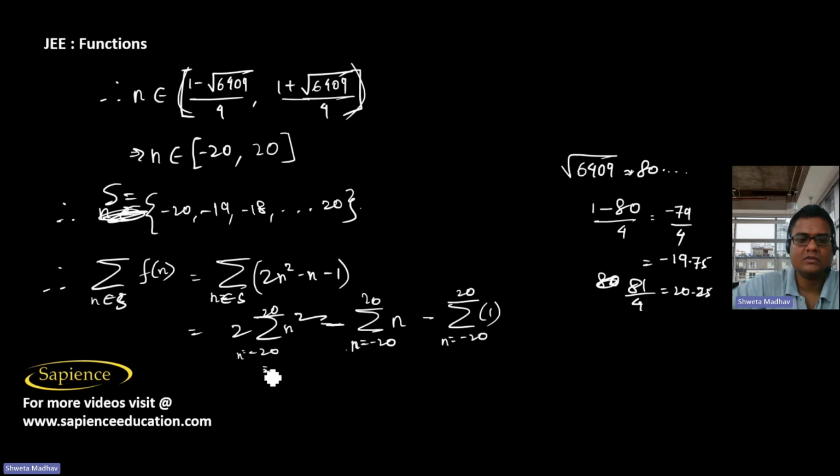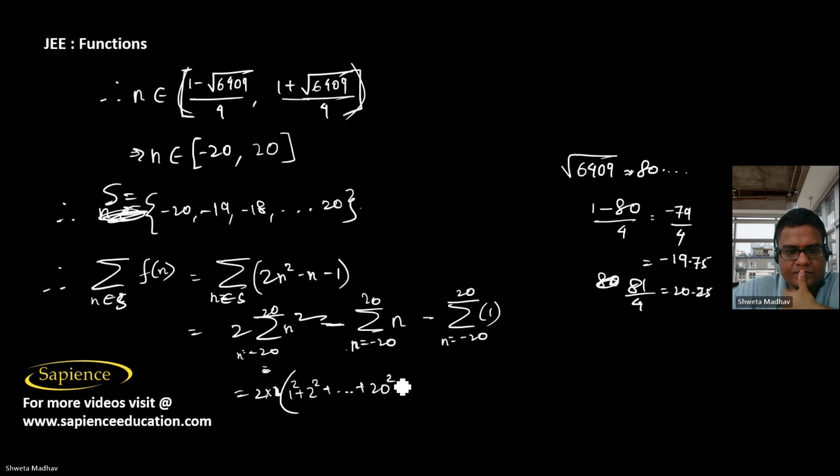So this will be equal to 2 into n square. So this will be 2 into also 2 into 1 square plus 2 square plus 3 square plus till 20 square. Then minus the sum of all these elements, that will be 0 only.